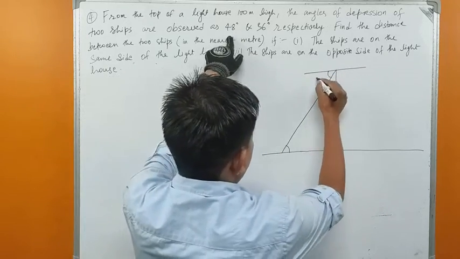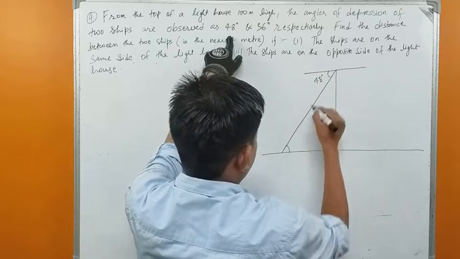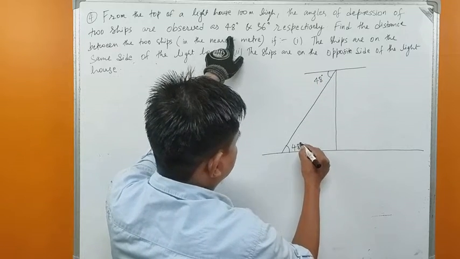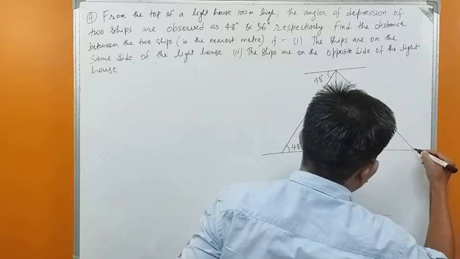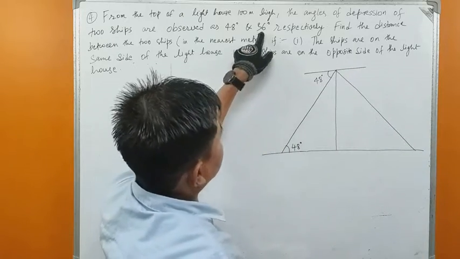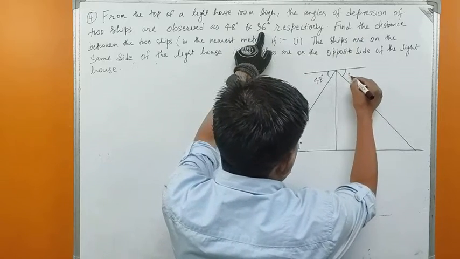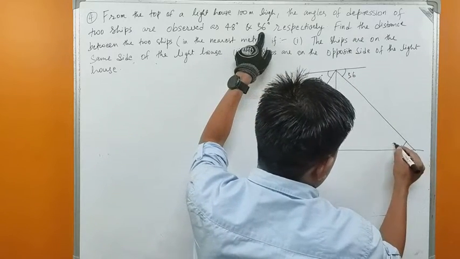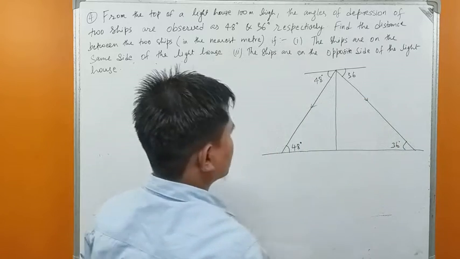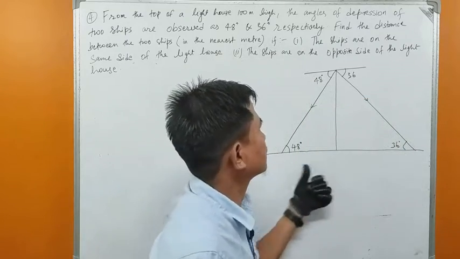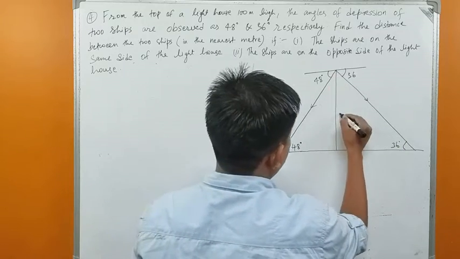Okay, suppose this is 48 degrees, this means this becomes 48 degrees, and another ship is at this point, opposite side of the lighthouse, isn't it? So the angle is 36 degrees in this case, means this angle is 36 degrees. Okay, so we are asked to find the distance between the two ships, and the height of the lighthouse is 100 meters.